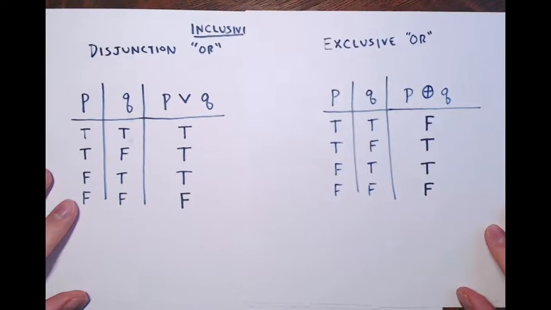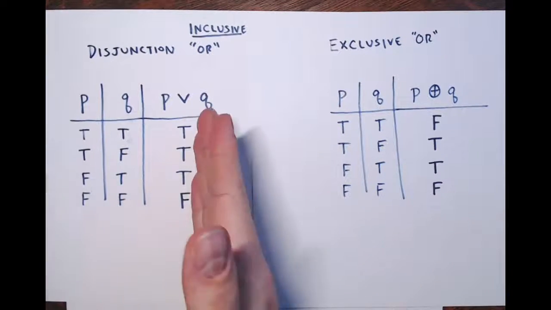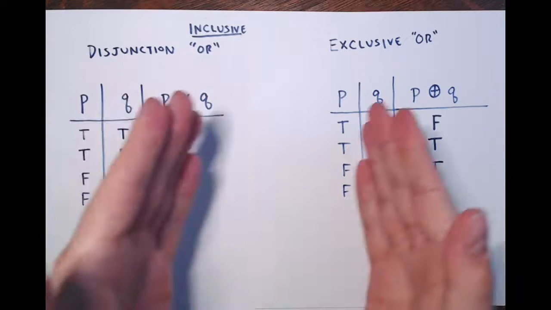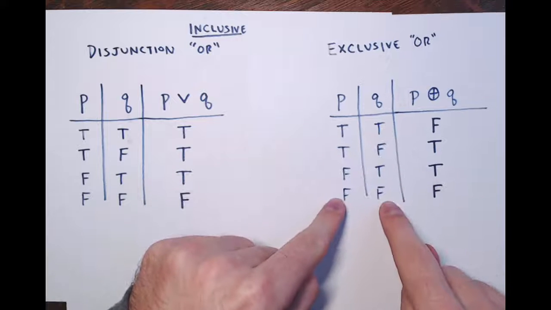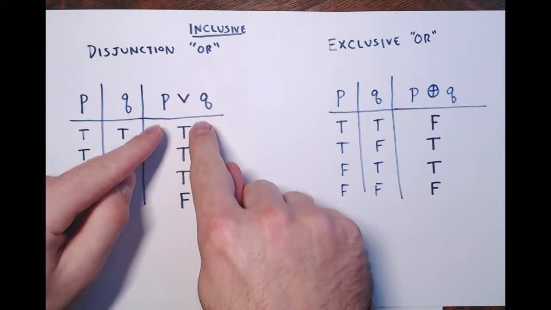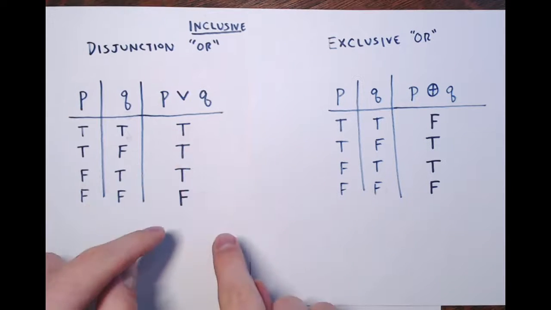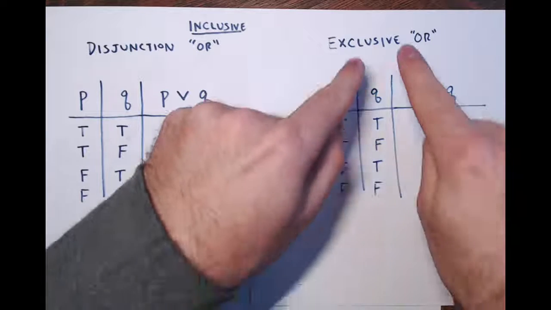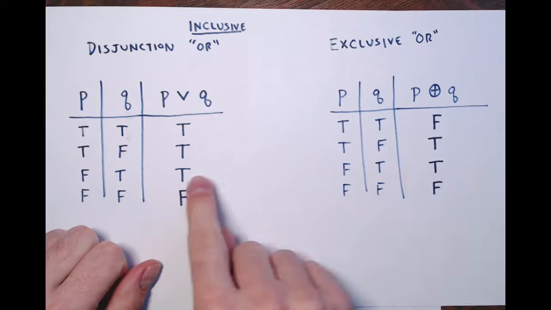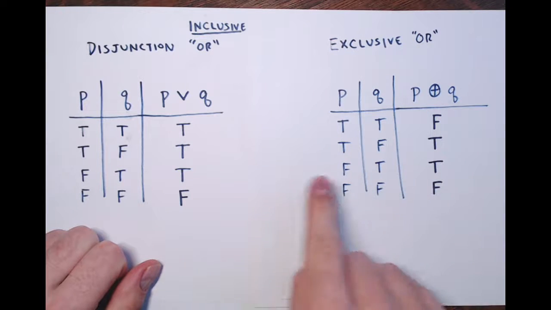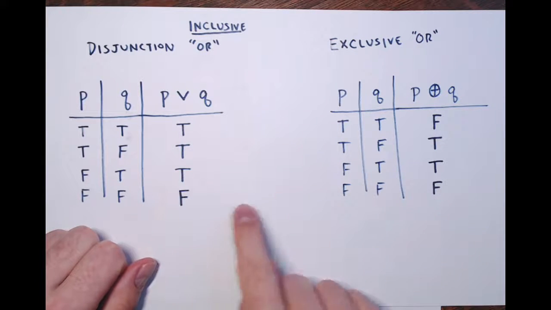On the left, the truth table set up, the P and Q columns are exactly the same. Look at the P or Q with the disjunction versus the P or Q with the exclusive OR. See, the second, the third, and the fourth rows are all the same: true, true, false.